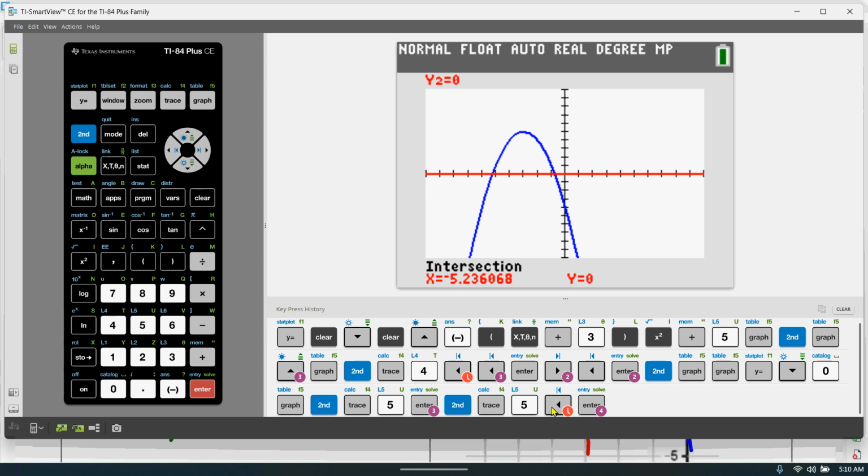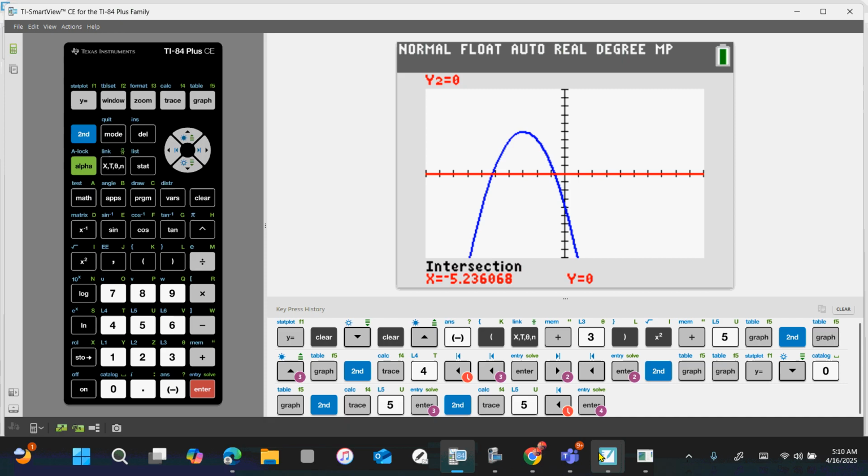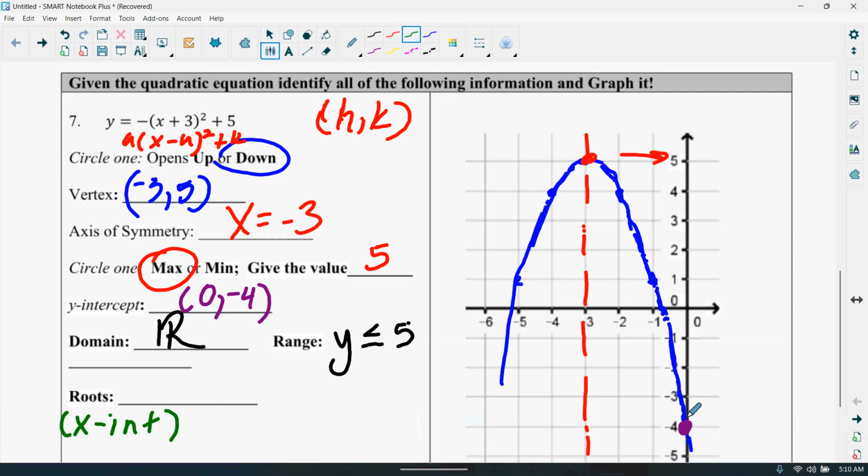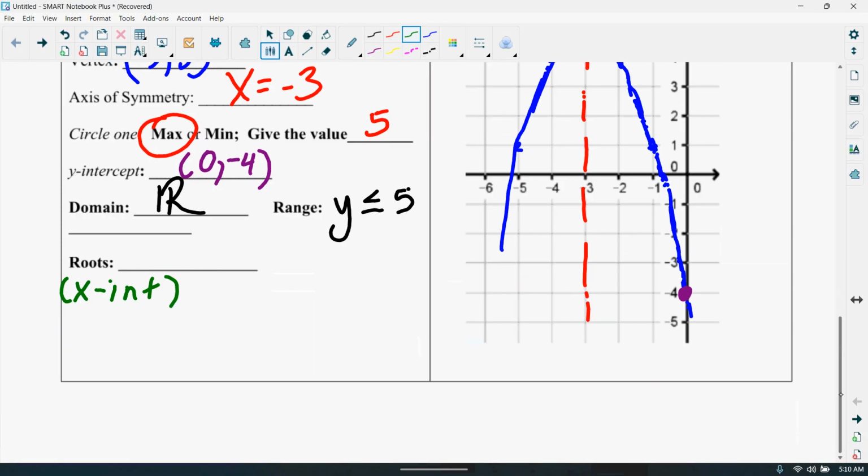So negative 5.24 and negative 0.76. We're just going to record those here. You can have decimal answers. I'm just rounding to the nearest hundredth. Just match your decimal to your answer choice.